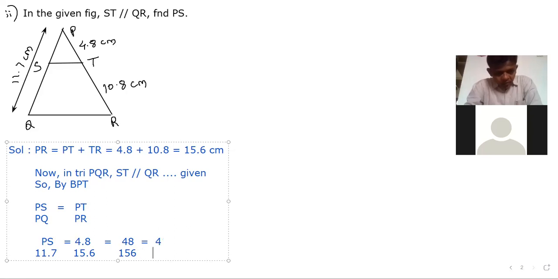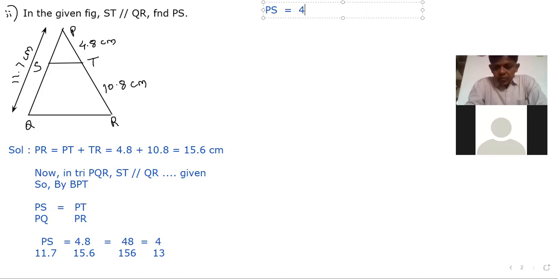I know 12 fours are 48, and 12 thirteens are 156, so it is 4 upon 13. Yes or no? Yes, sir. Now see, this PS becomes 4 upon 13.